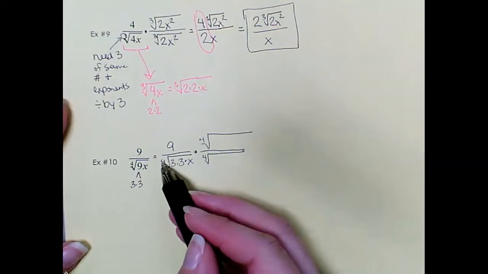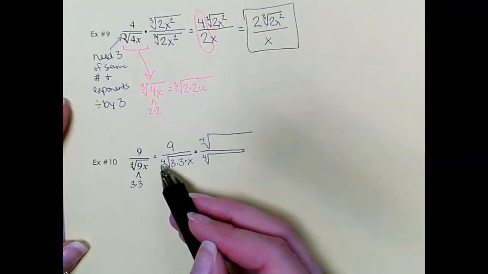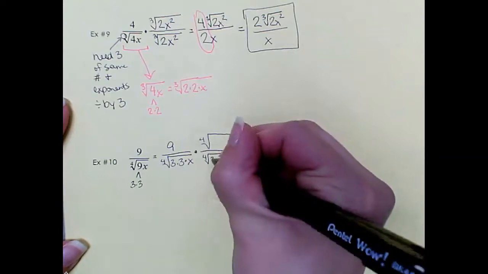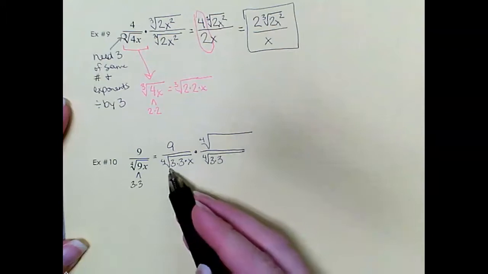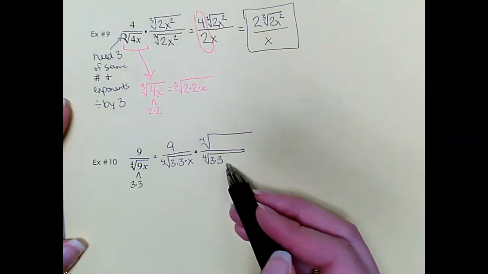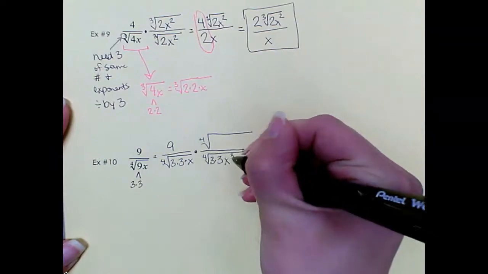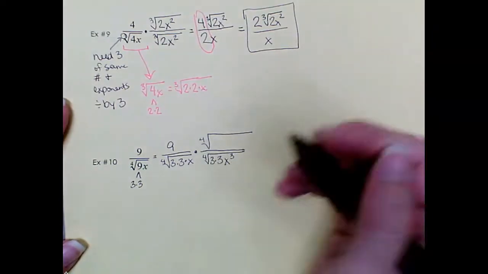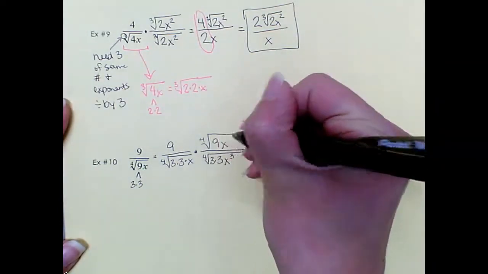So I need 4 3's and an exponent divisible by 4. So 3 times 3 times 3 times 3, that's 4 3's. And x times x times x times x, so x cubed. And the same thing on top. 3 times 3 is 9, so I'm just going to make this 9x cubed on the top.